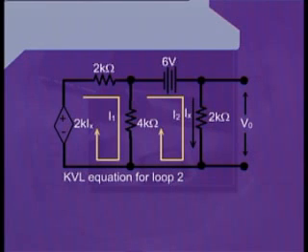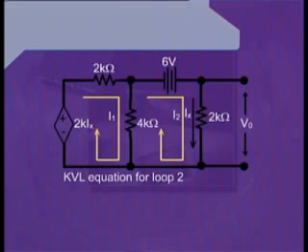Starting from the top right node of mesh 2, which is between the positive terminal of the 6-volt battery and one of the terminals of the 2 kilo ohm resistance. As we have mentioned that the current flowing through mesh 2 is in the clockwise direction, therefore, while writing the KVL equation, we will also be going in the clockwise direction.